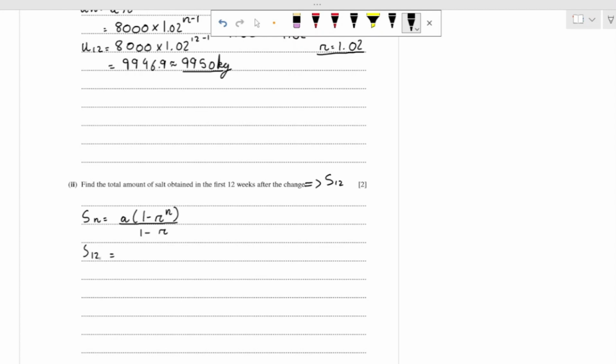So for the sum of the first 12 terms, or the sum of the first 12 weeks, we can find it by writing 8,000 as a, 1 minus 1.02, the common ratio, raised to the power 12, because first n terms, 12 terms, and then over 1 minus 1.02, and that gives you the answer approximately 107,123 followed by zeros. So your answer is 10700 kg.